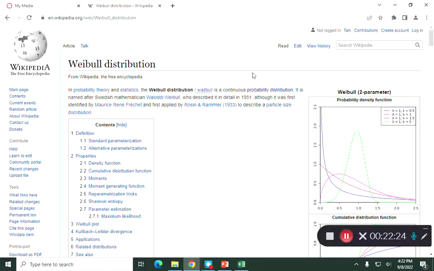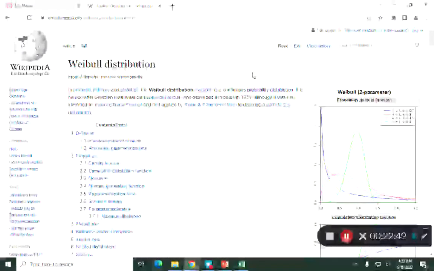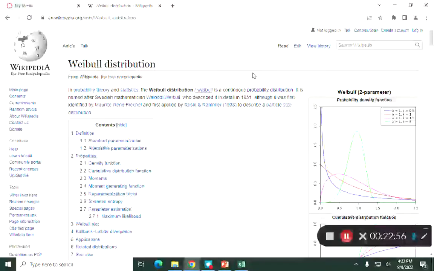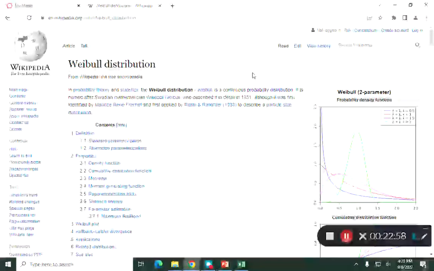And why this is important: when I worked for an insurance company, a lot of the time I had a limited number of data. And later when I became a professor, guiding grad students doing their thesis, sometimes they show me their data, okay? Whenever they have a lot of data, they don't know what distribution they should use. Guess what will be my recommendation? Weibull, because it's a shape distribution.